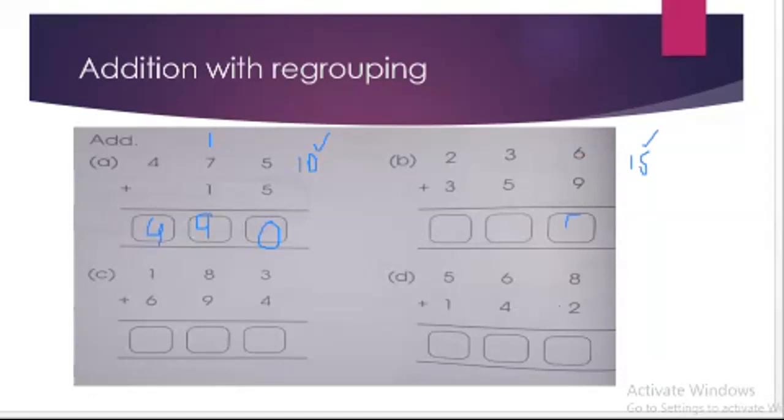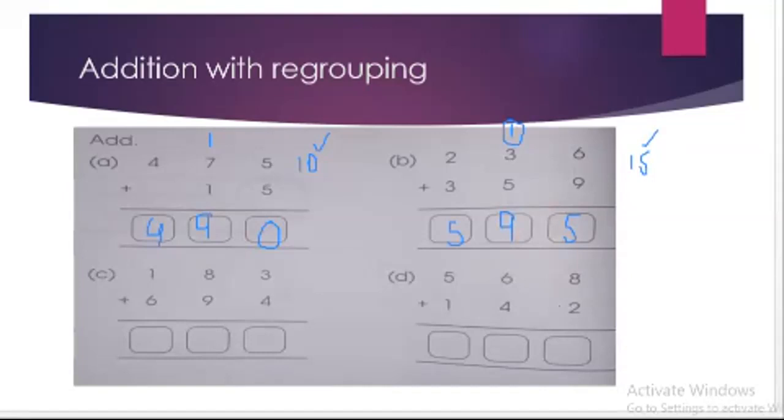So 5 will be over here and 1 will be the carry on. Okay, 5 and 3 makes 8, and don't forget to add the carry on. So the answer is 9, and 2 and 3 makes 5. Okay, yes. So that's very easy.